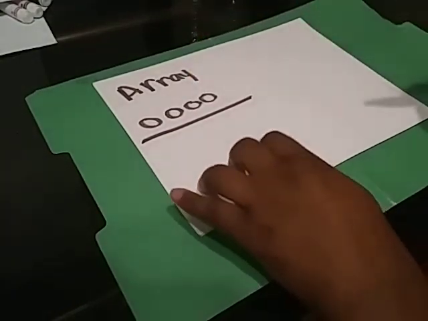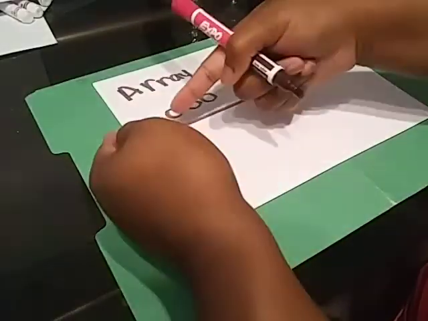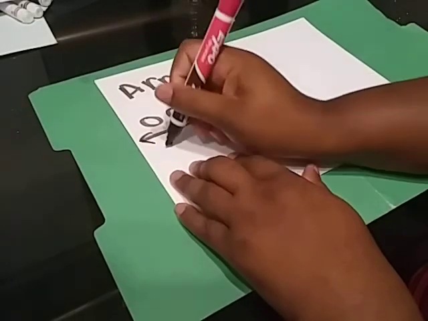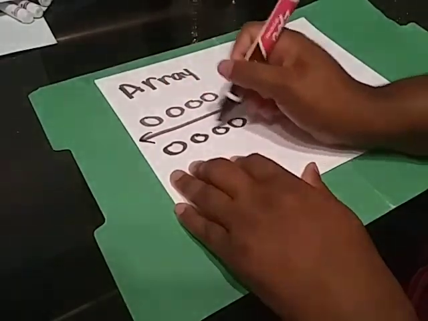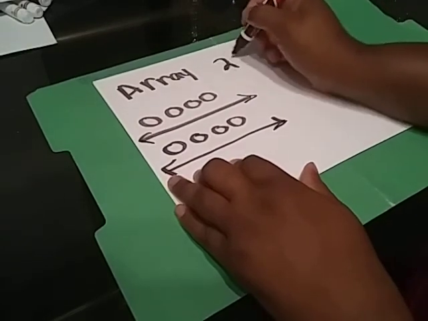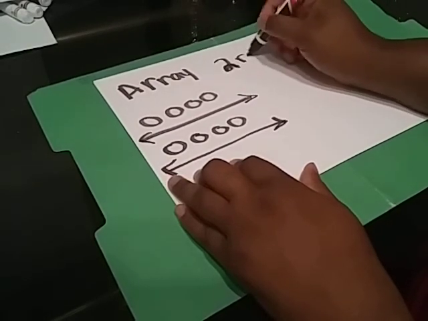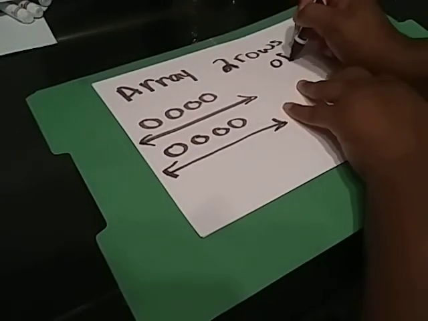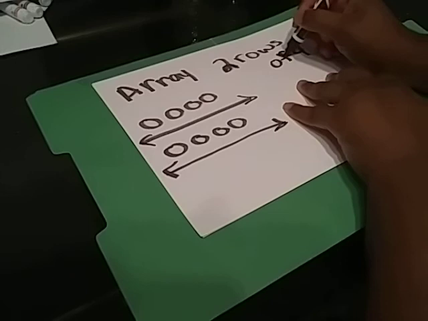I'm drawing the row, and most likely you won't see this in their workbook, but I'm showing it just to give you an example of a row going side to side. That's 1 row, and then I have another row of 4. So I have 2 rows of 4.